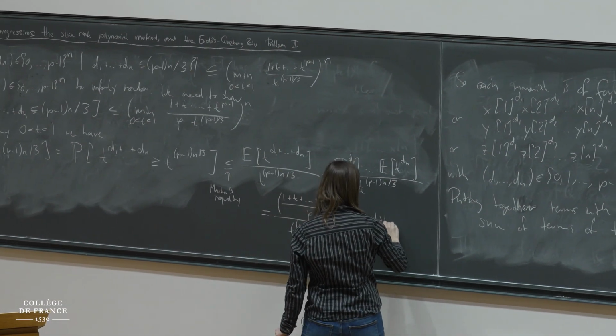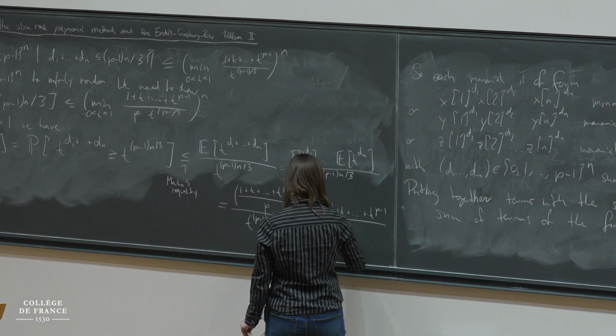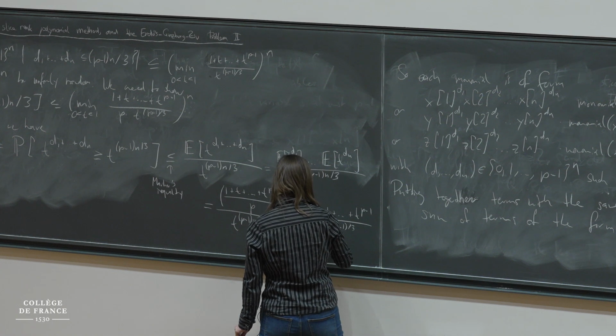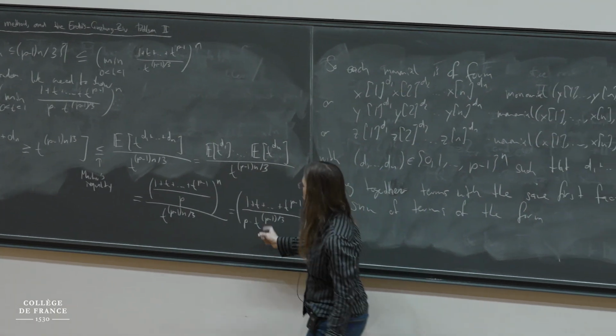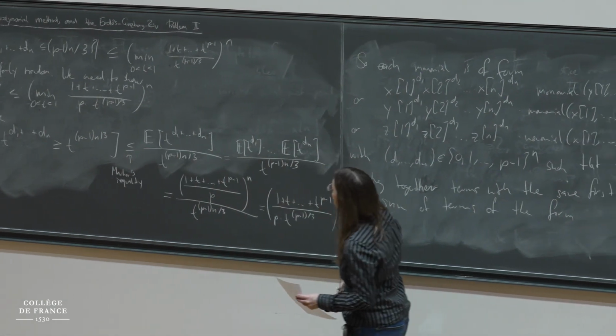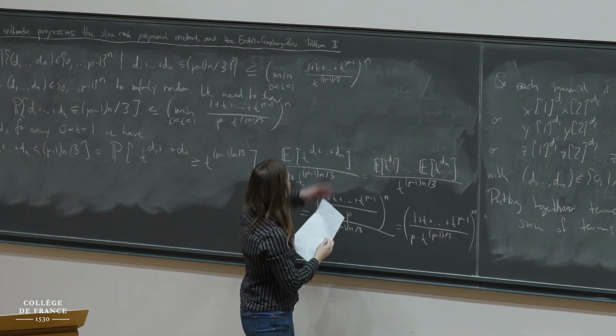Okay, and now we just need to rewrite this nicely. So this is 1 plus t plus and so on plus t to the p minus 1 divided by t to the p minus 1 over 3. Then we have this p factor, and then we take everything to the n. So this is just rewriting that, and then we get indeed that. So that means we have shown that this number of tuples that we cared about is at most this.